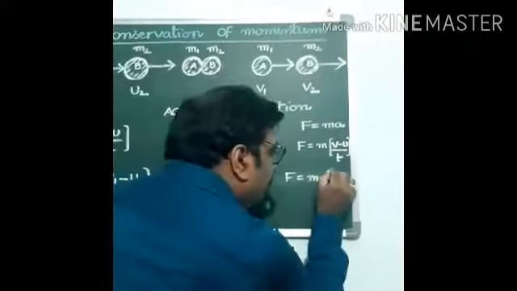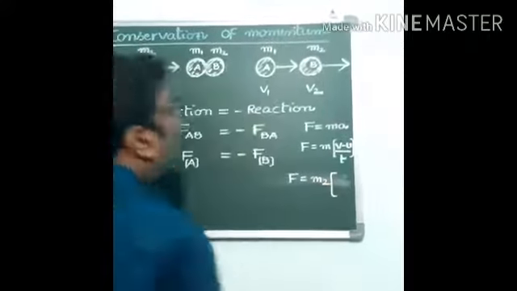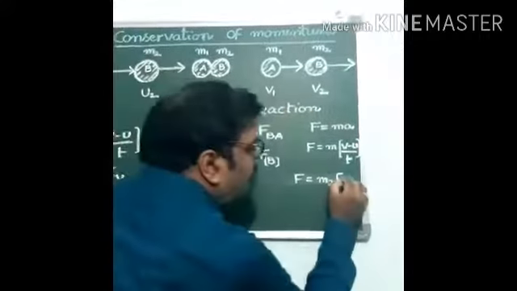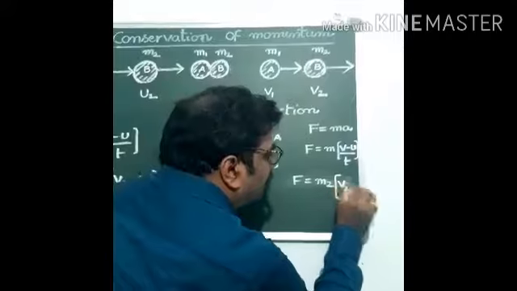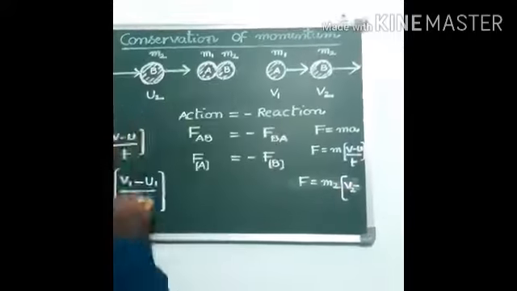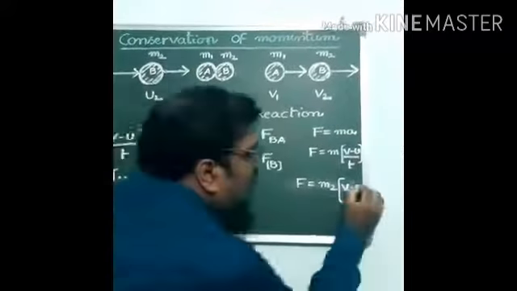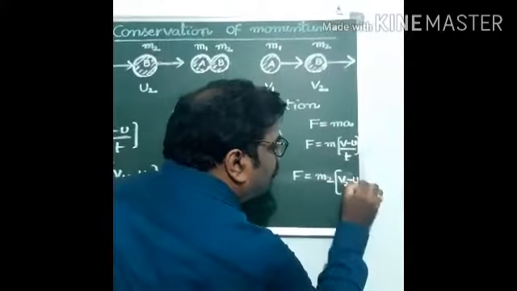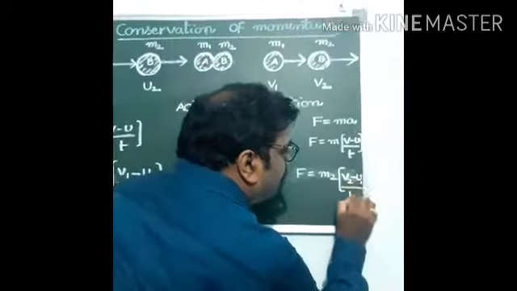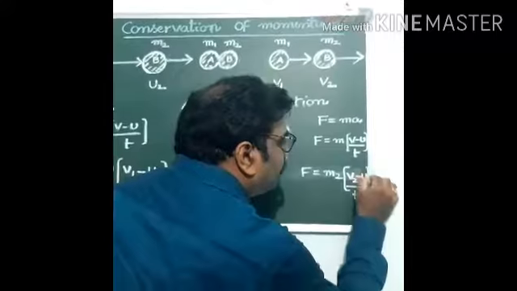And the final speed is v2 minus the initial speed u2, by time t2.